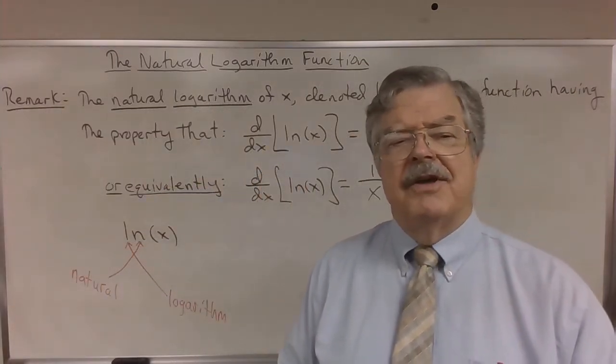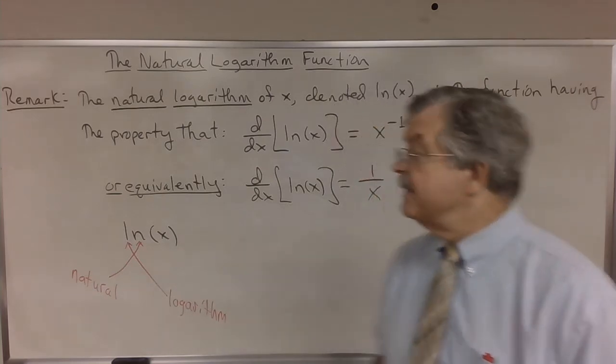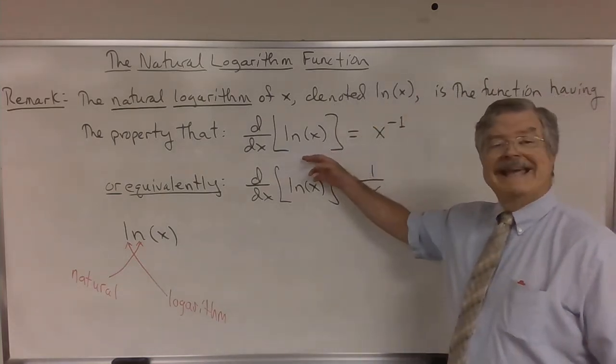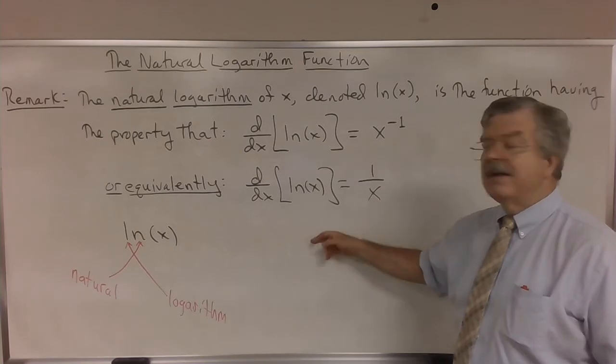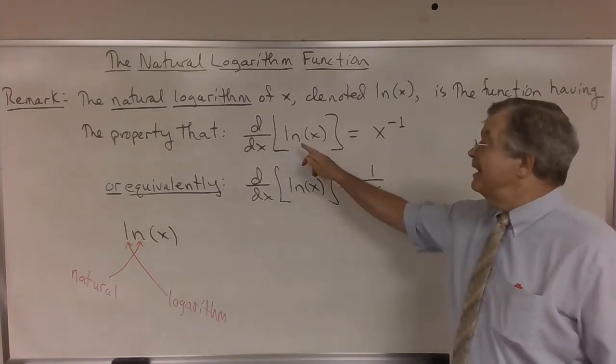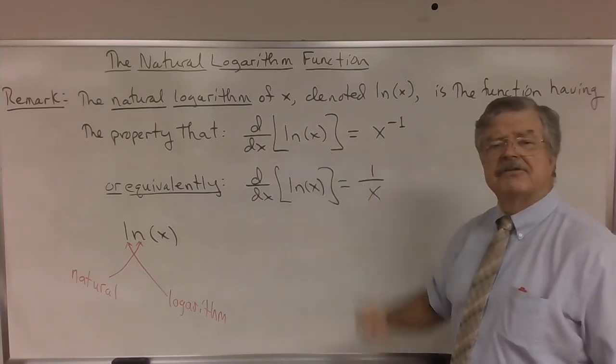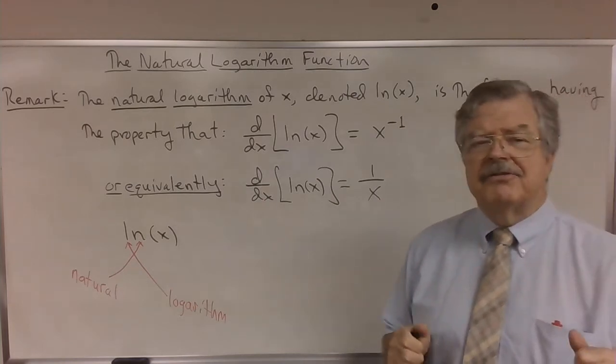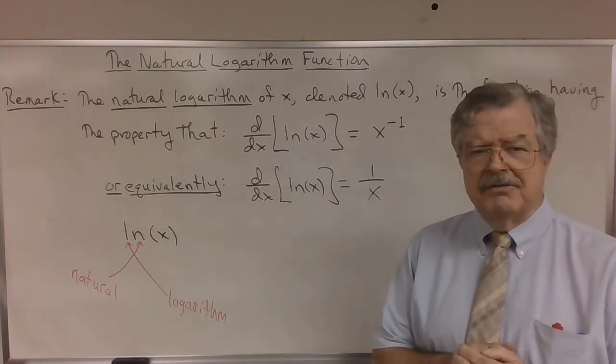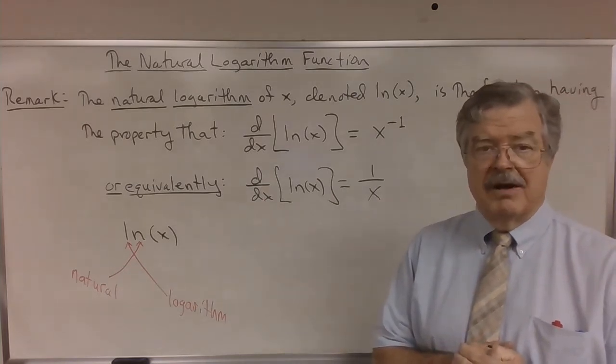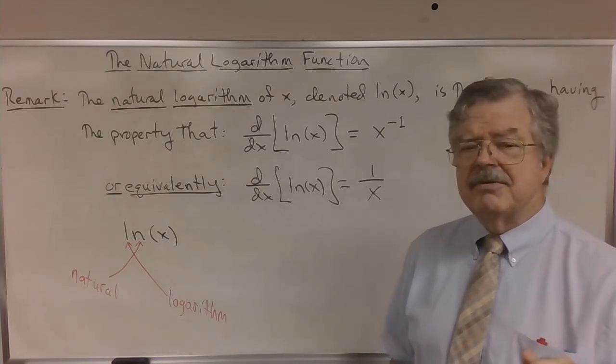Before we consider further the calculus properties of this function, natural logarithm of x, we should look at some numeric properties and some algebraic properties. And that's what we're going to do next.